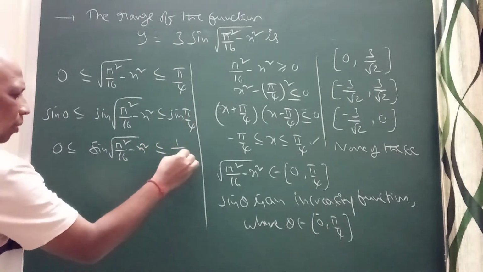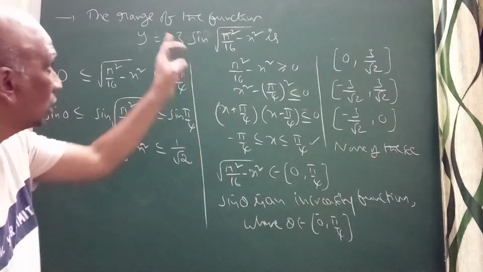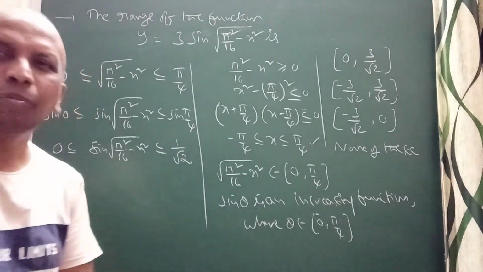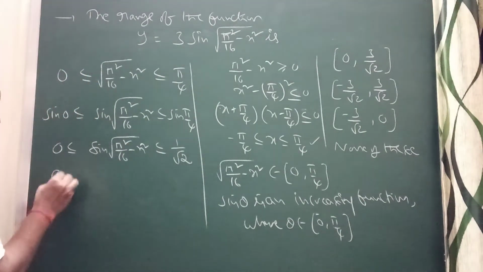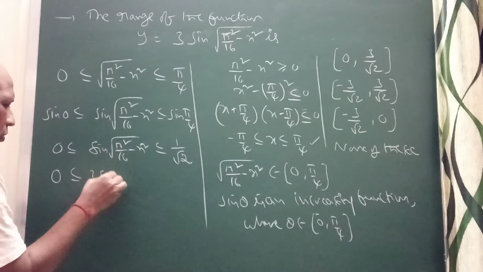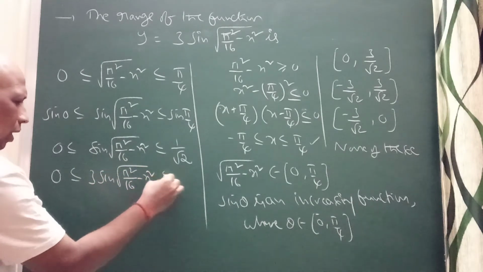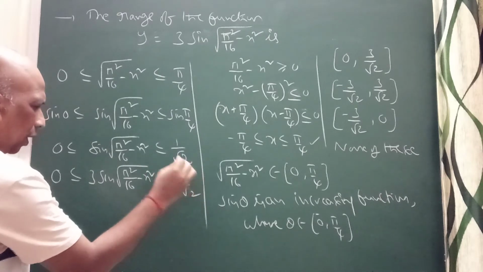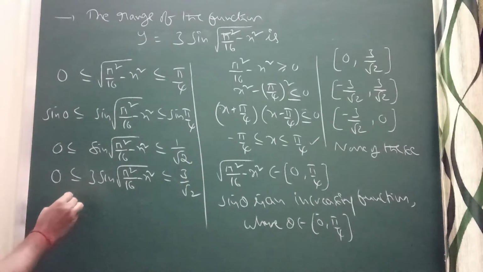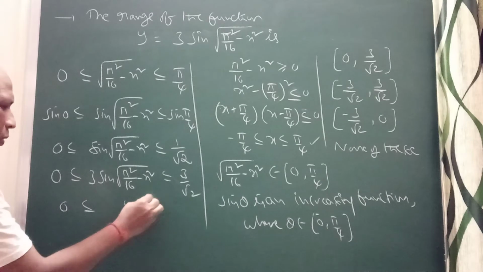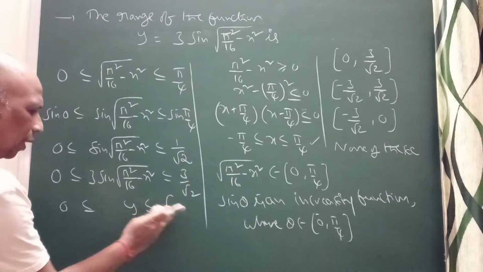Sin 45° is 1/√2. But I want 3 times of this. Multiply with 3, then you will get 0 ≤ 3 sin √(π²/16 − x²) ≤ 3/√2. So now I can write here 0 ≤ y ≤ 3/√2, right?